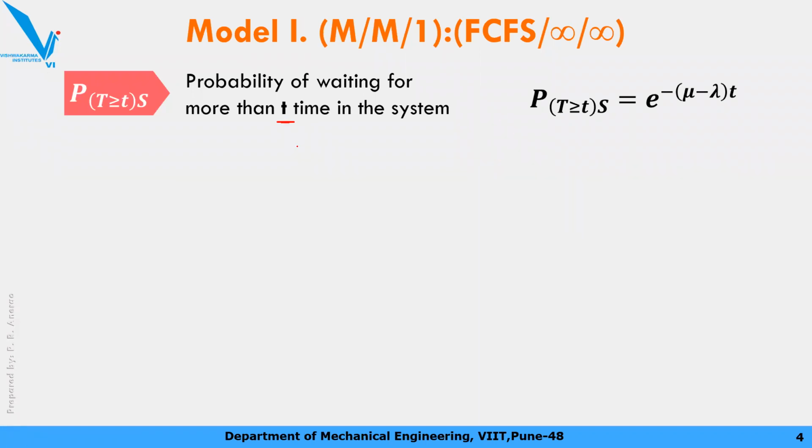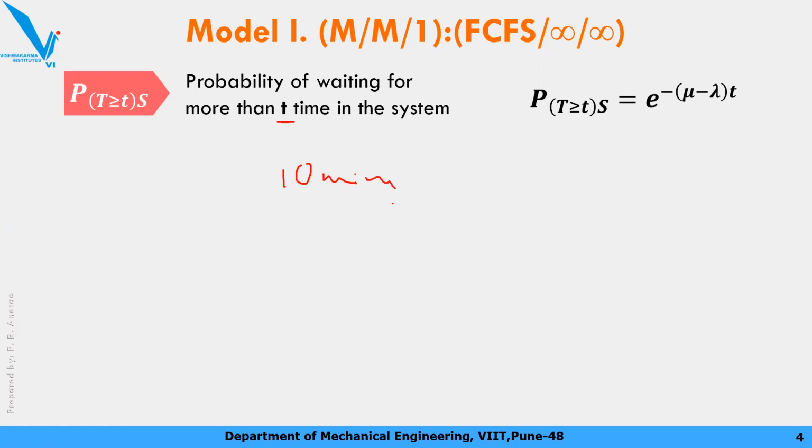So if it is said that you do the shopping in the DMart, okay? You take whatever time you want, okay? But in the system, that means standing in the queue at the cashier's counter, then taking the bill and going out of the DMart. So that period of time should be, say, 10 minutes.